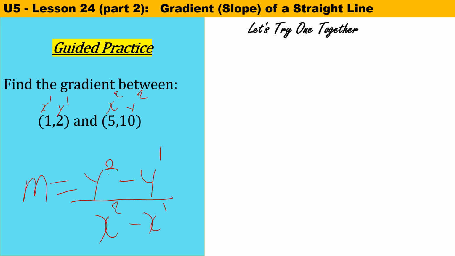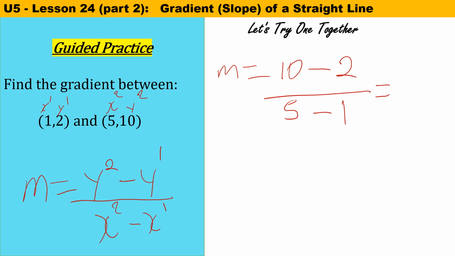So let's just substitute. m equal, what's our y2? 10, and our y1 minus 2 over, our x2 is 5, and we are subtracting 1 from that. So 10 minus 2 gives you 8 over 5 minus 1 is 4.